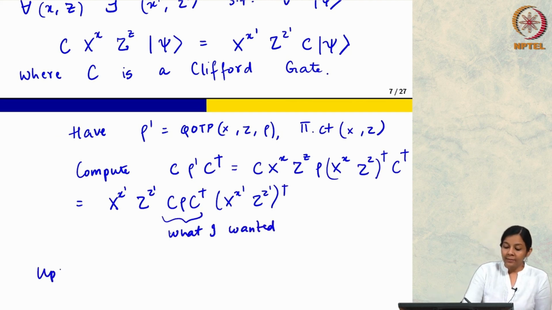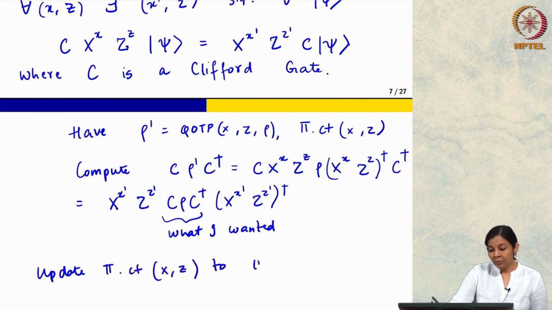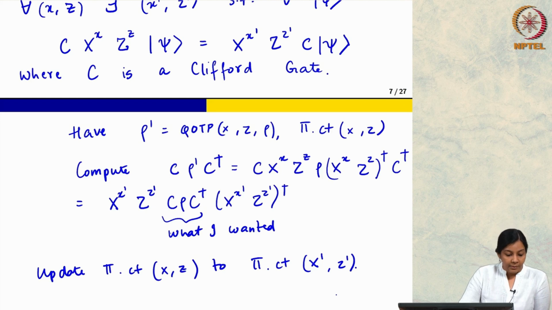So now I can simply update pi dot CT x z to pi dot CT x prime z prime. And I could do all of this publicly. I do not need to know the information sitting inside the ciphertext in order to carry out this operation. That is quite important.